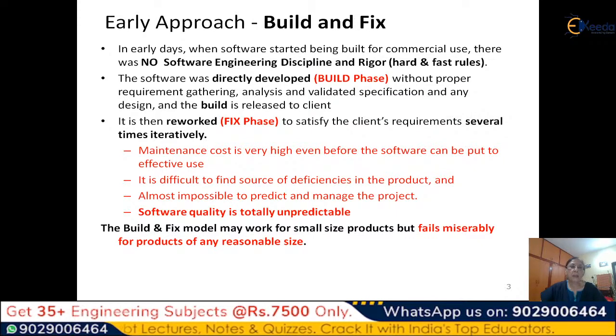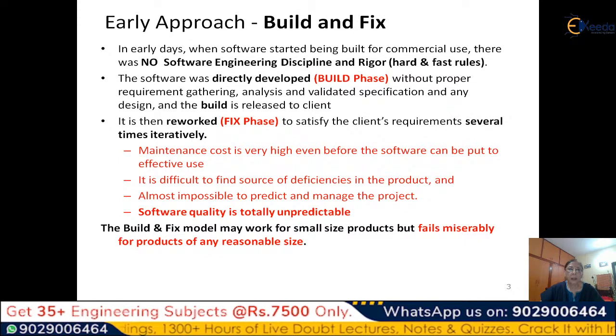And then you have the rework or the fix phase, where the client, when he starts using this software, will find so many things which are not adequate. So they will keep asking for rework, and the software developer will again go back and build it. So it will go into several iterations of build and fix.